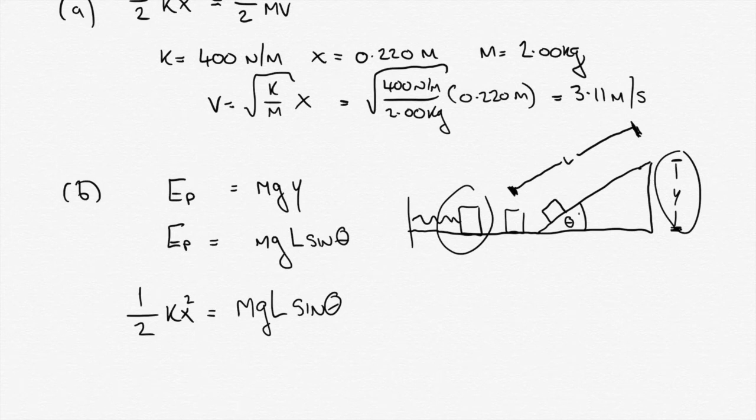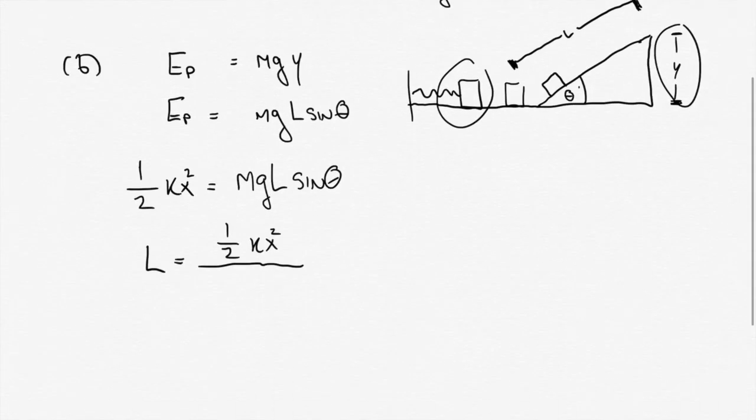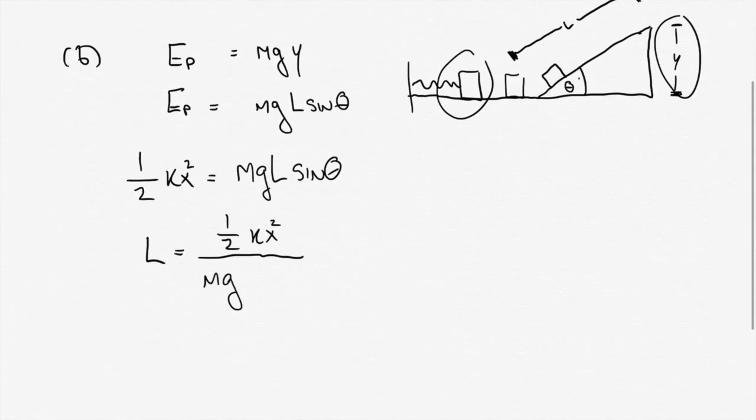So those two potential energies now are equated, and from there we can solve for L. So L equals a half kx squared, divided by mg sine theta.